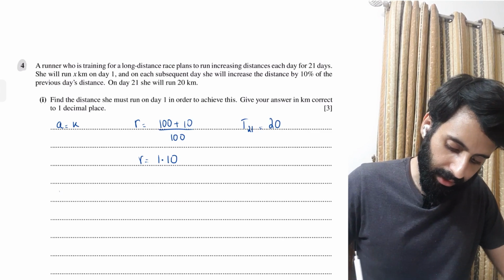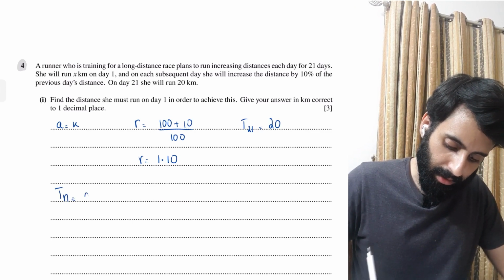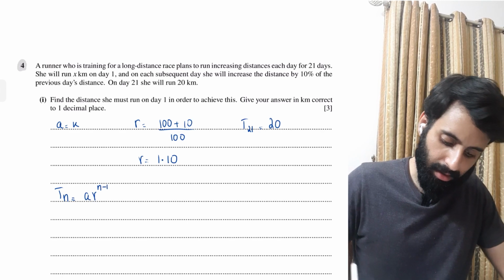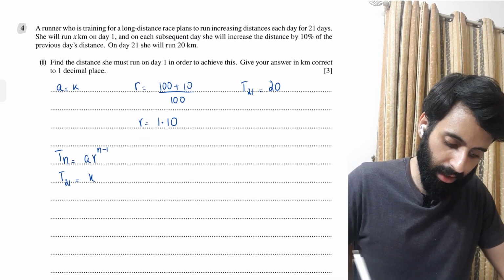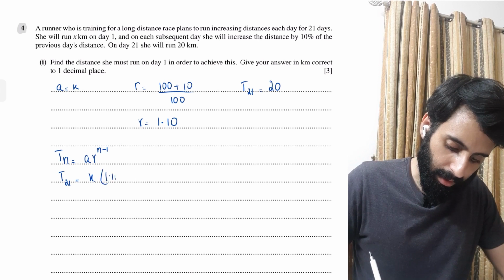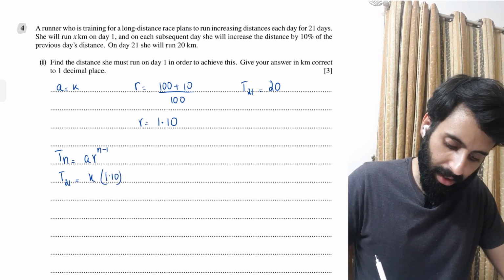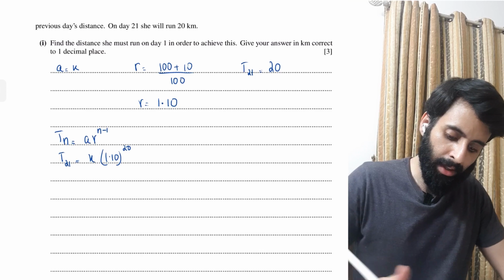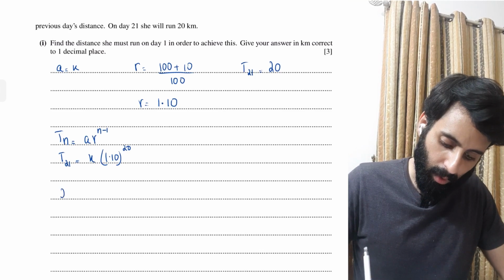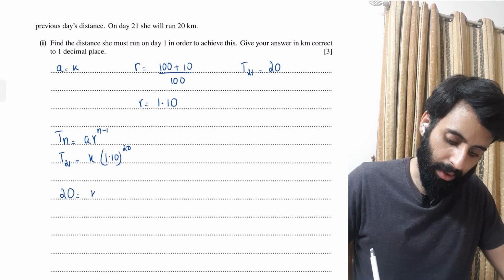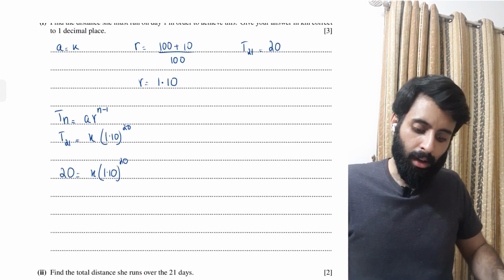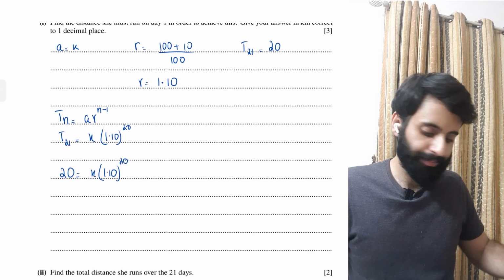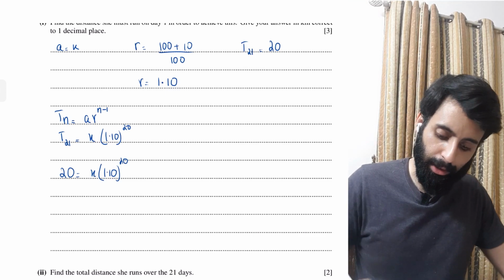So the 21st term can be worked out. Let's write down the formula first. The nth term is equal to ar to the power n minus 1. So the 21st term is equal to X times 1.10 to the power 21 minus 1, so that's 20. Now I'm going to replace T21 with the actual term, which is 20: X times 1.10 to the power of 20. Now before I solve this I need to make X the subject.